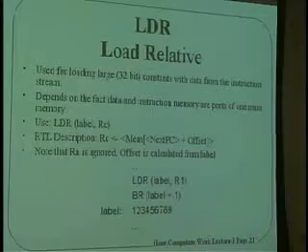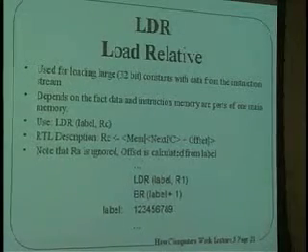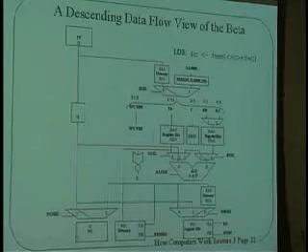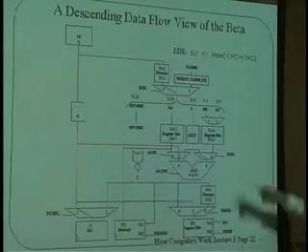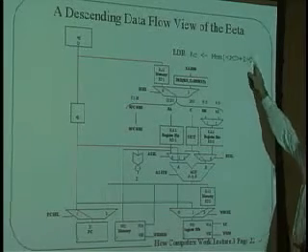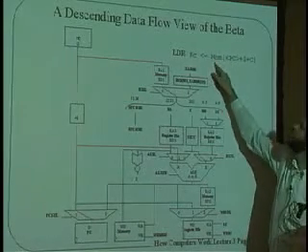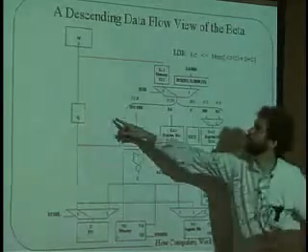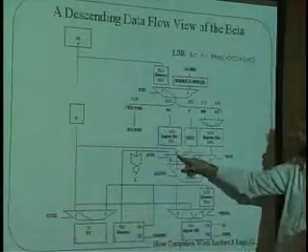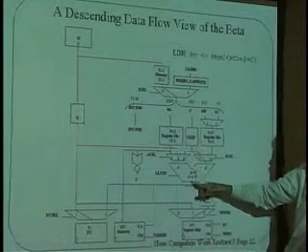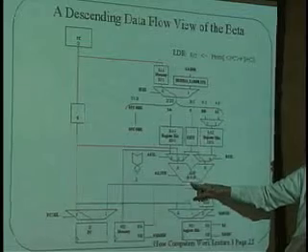It turns out that LDR can be implemented in the following way. We want to take the contents of the PC +1, add a constant to it, look that up in the memory, and put that into RC. Here's PC +1. We take that over here, feed it into the ALU. Here's the constant. We feed that into the ALU. PC +1 plus C comes out here.